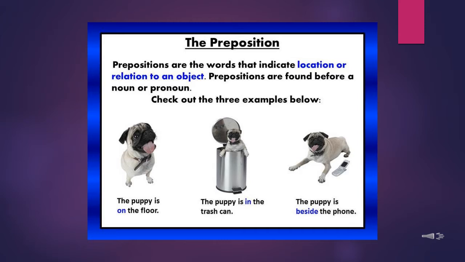Sentence number 3, the puppy is beside the phone. So here, on, in and beside, these are the words which are telling the relation between an object and the noun. So these words are known as the preposition.